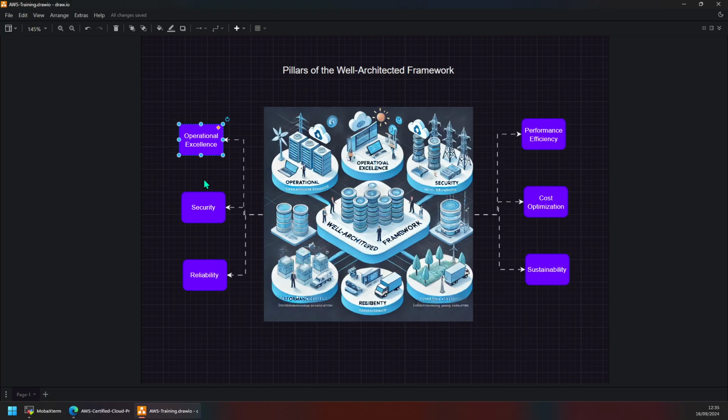Implement processes for responding to and learning from operational events. That is also pretty important for us. And what services can be used for this? You have something called AWS CloudFormation in terms of automation, where you want to do repeated tasks over and over again. So you use CloudFormation for automating those tasks.